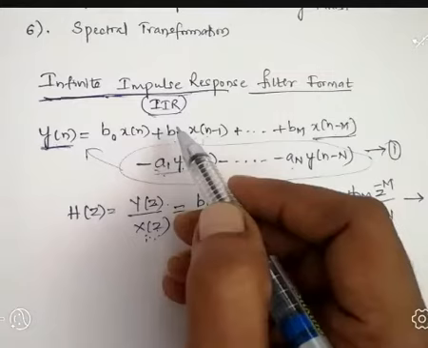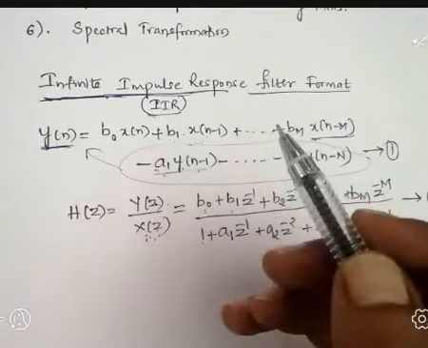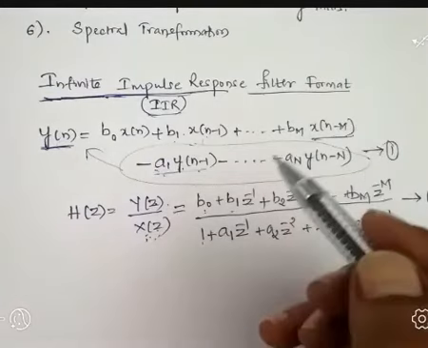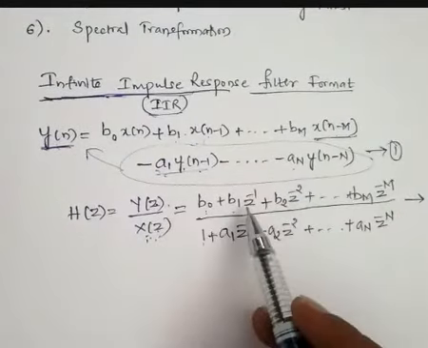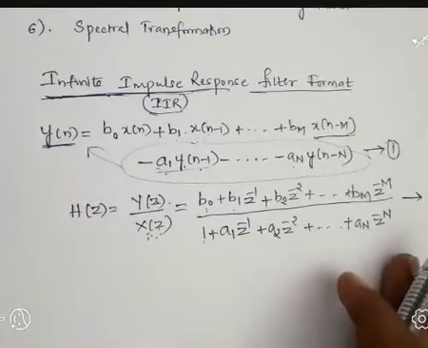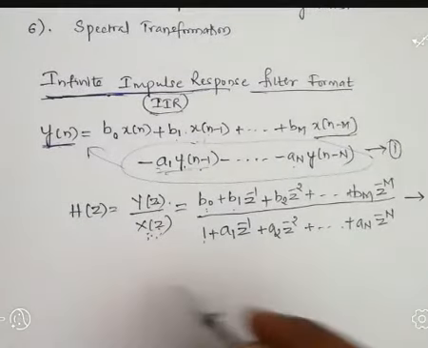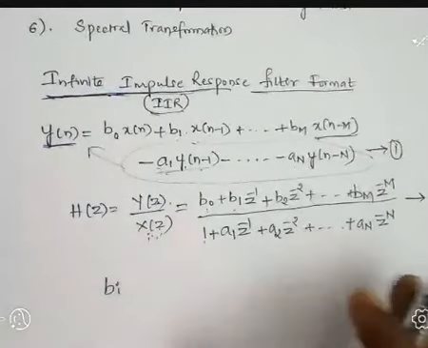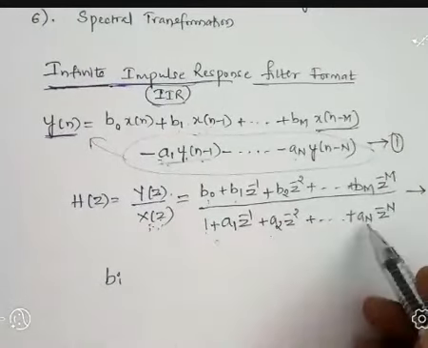Now the point is, what exactly do these bi, nothing but b0, b1, b2, b3, so on up to bm, indicate? They are the numerator terms. Generally I'm representing them as bi, and on the denominator side a1, a2, a3, so on up to aN.